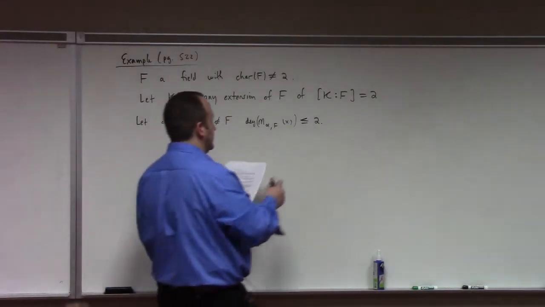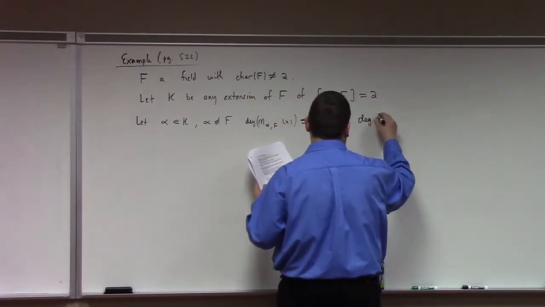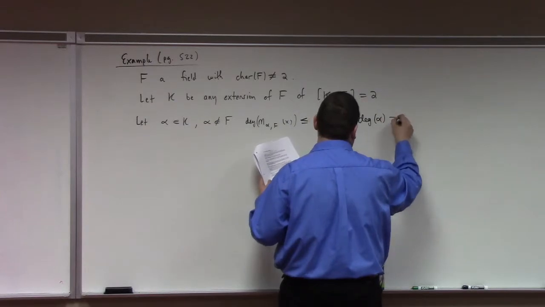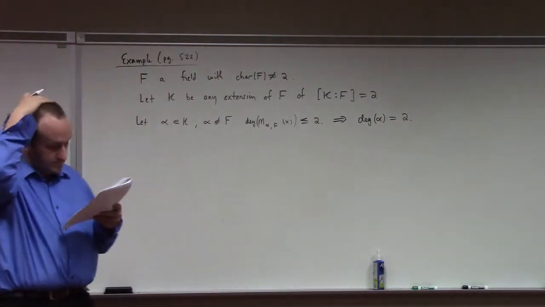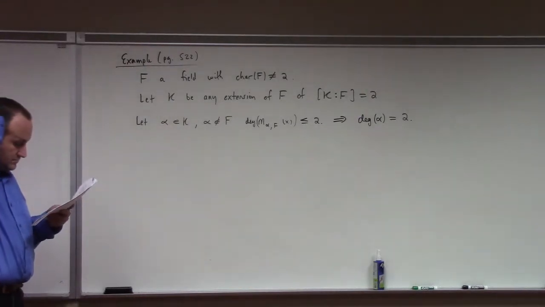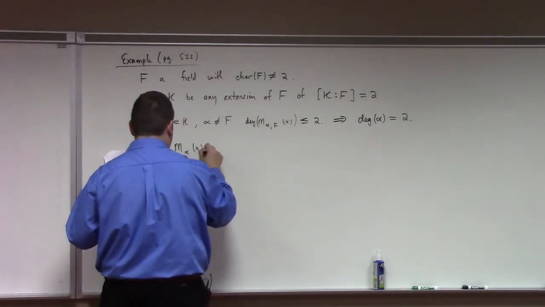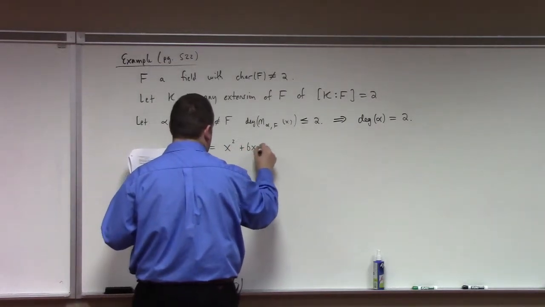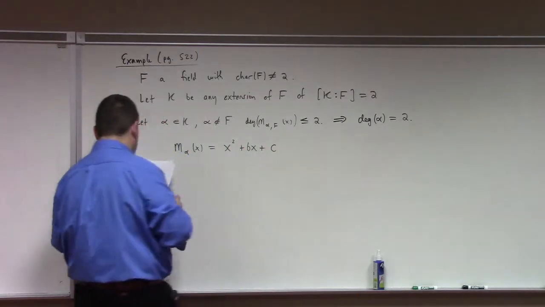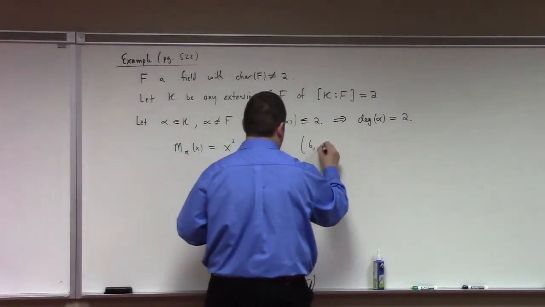So by process of elimination, the degree of alpha is just 2, all right? So what's that mean? So the minimal polynomial of alpha has to have the following form, right? X squared plus bx plus c, where b and c are in F.